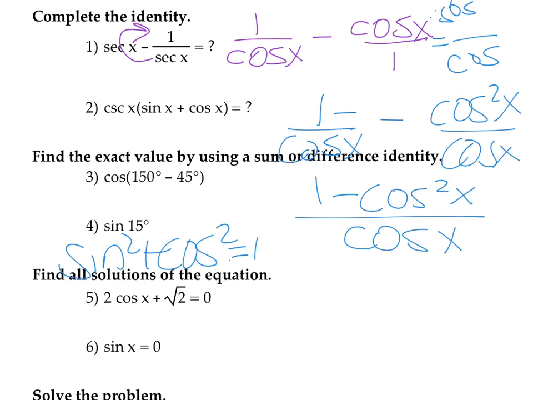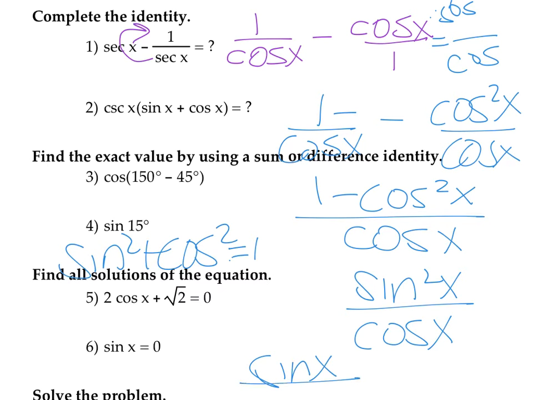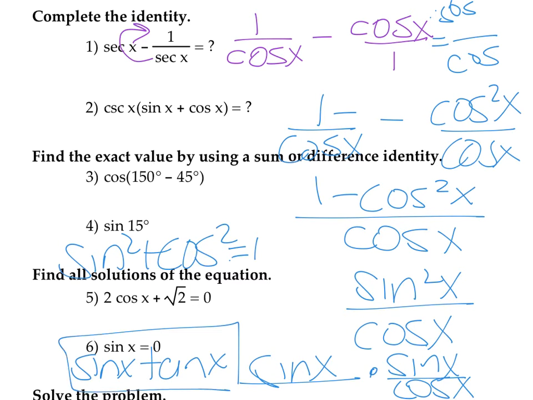So this 1 minus cosine squared is sine squared over cosine. And then I can actually pull out a sine. And I've got 1 more over cosine, which then becomes sine x times tangent x. And that's as simplified as you can get it.